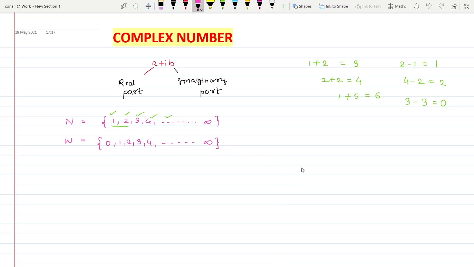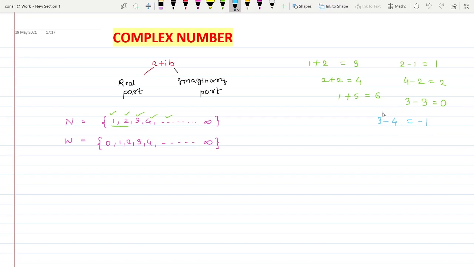But again, if I perform all these operations in this set of whole numbers, all the numbers belong here, right? But if I do 3 minus 4, you get the answer minus 1, because 4 is a big number and 3 is a small number.